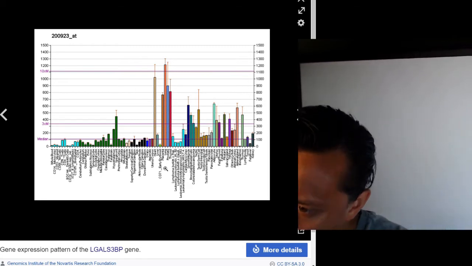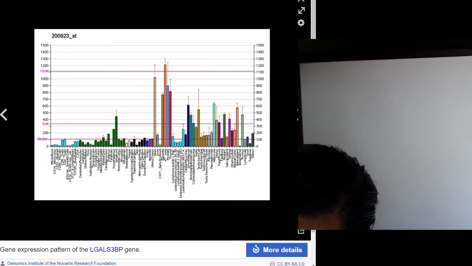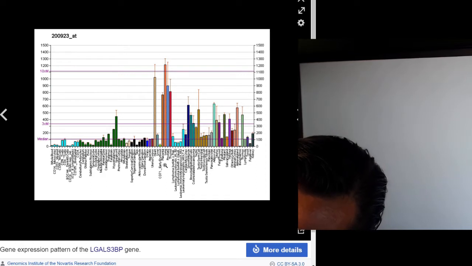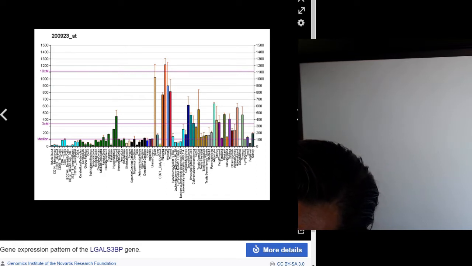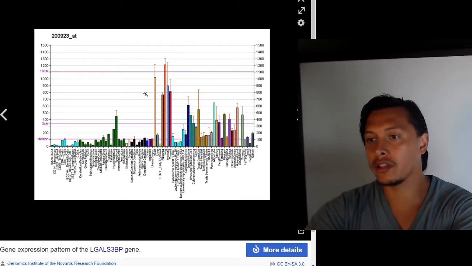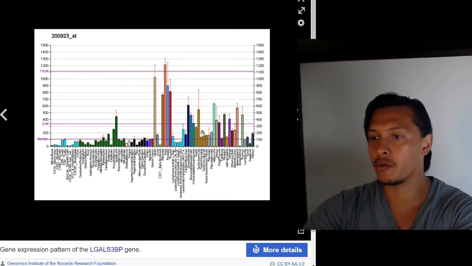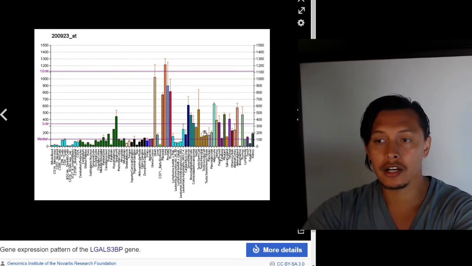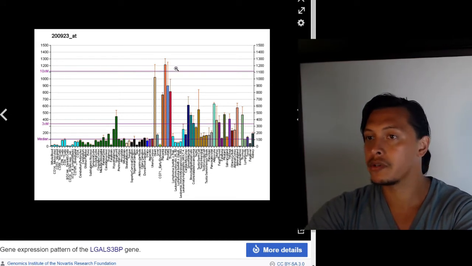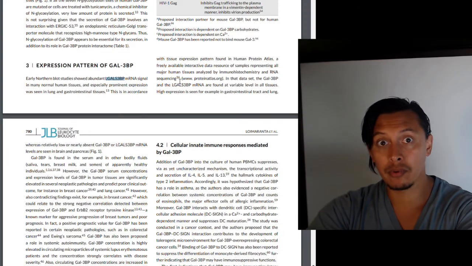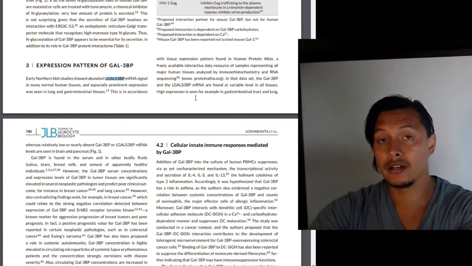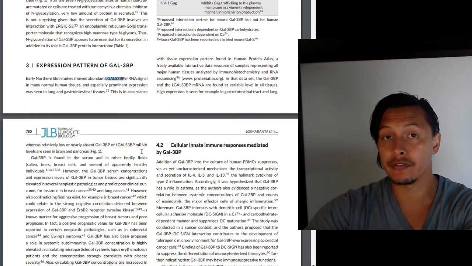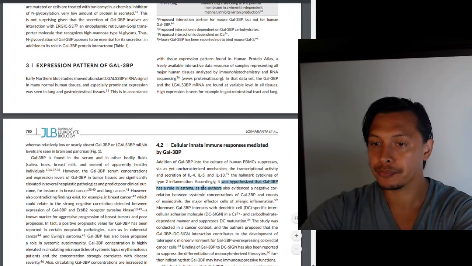It looks like the heart produces a lot of it, the placenta, the lungs, the prostate, and the thyroid. Obviously there are quite a few other tissues that produce a lot too, but these are the most. Anyways, that is an example of the mRNA quantification found in a lot of different tissues.